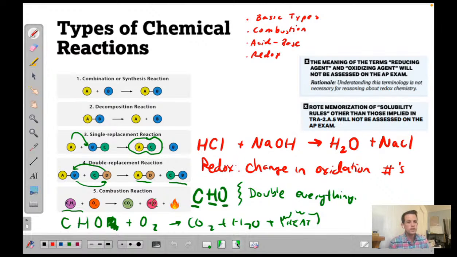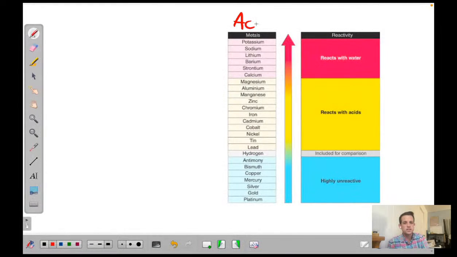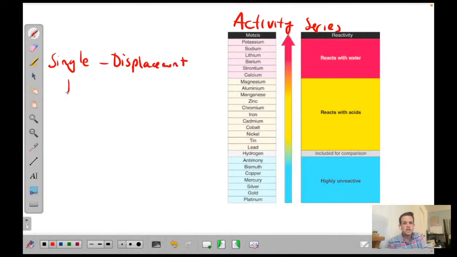Okay, real quick, this is the activity series. So activity series are in determining single replacement, displacement, however you want to call it, single displacement reactions. So this essentially tells you who's, like I said, it's kind of like A came in here and was sexier and kicked B out.